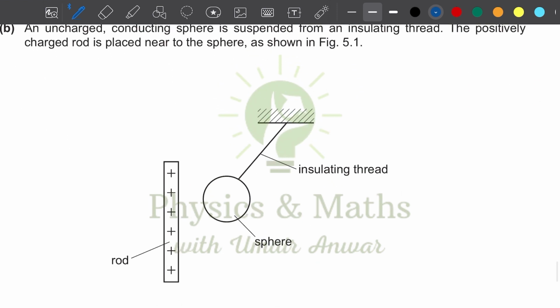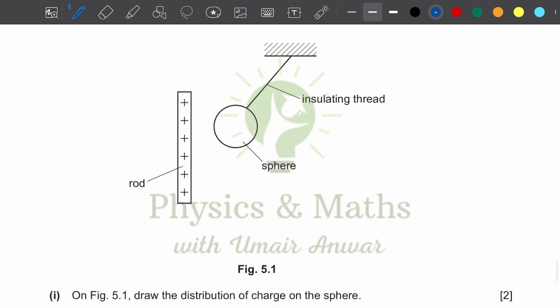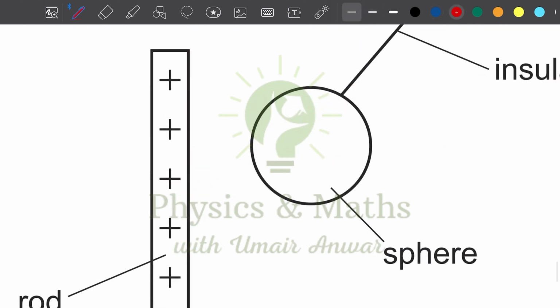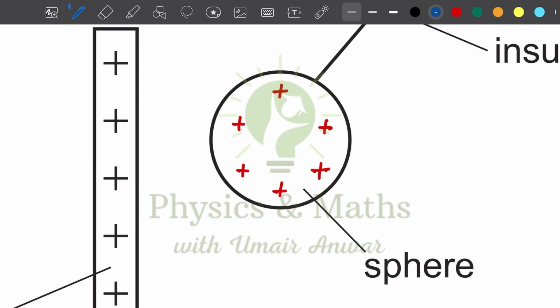An uncharged conducting sphere is suspended from an insulating thread. The positively charged rod is placed near the sphere as shown in the figure. On figure 5.1, draw the distribution of charge on the sphere. So for the distribution of charges, we know that it has positive charges, and the negative charges are also distributed accordingly on the sphere.